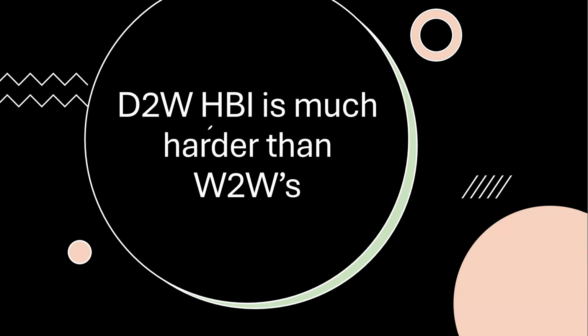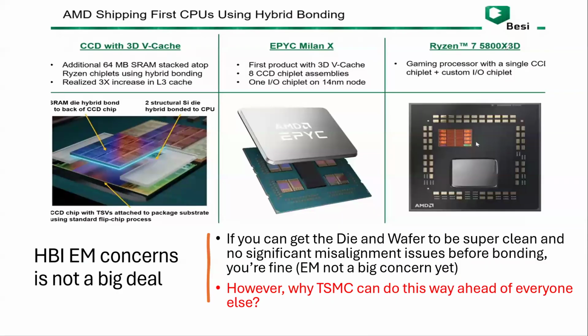D2W, die to wafer HBI is much harder than wafer to wafer. The only company who can do it properly is called Besi, and they did it with TSMC on AMD products. All these products, the EPYC, Ryzen, CCD, they are all doing that with hybrid bonding. The first company at large scale to do die to wafer.